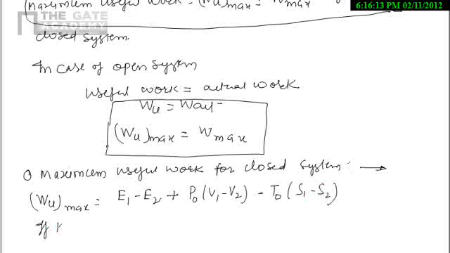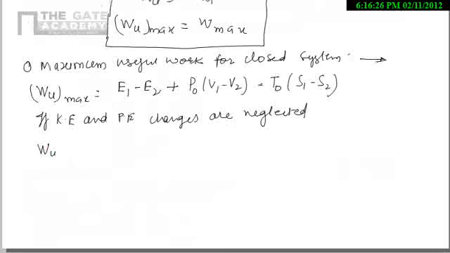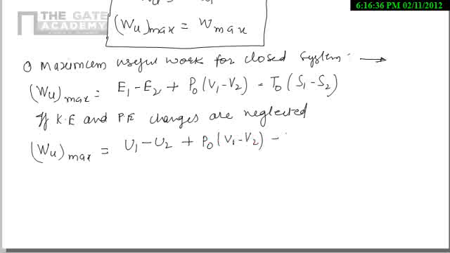If kinetic energy and potential energy changes are neglected, then WU max, that is maximum useful work, we can write as (U1 minus U2) plus P naught (V1 minus V2) minus T naught (S1 minus S2).